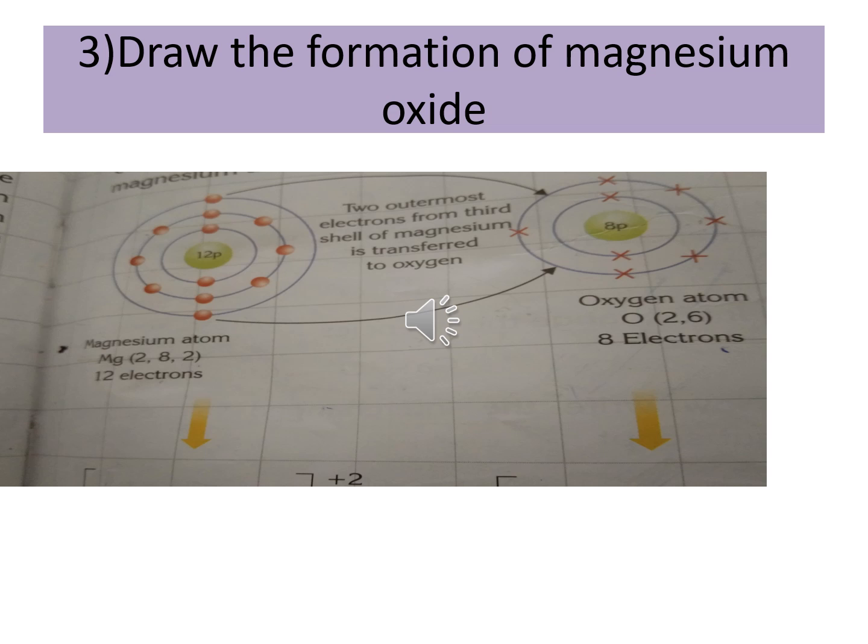After that, the two outermost electrons of the third shell of magnesium are transferred to oxygen. It gets the magnesium ion, so it becomes 10 electrons. Now the oxygen atom gets 2 electrons, so it becomes oxygen ion, 10 electrons. So this is the formation of magnesium oxide.